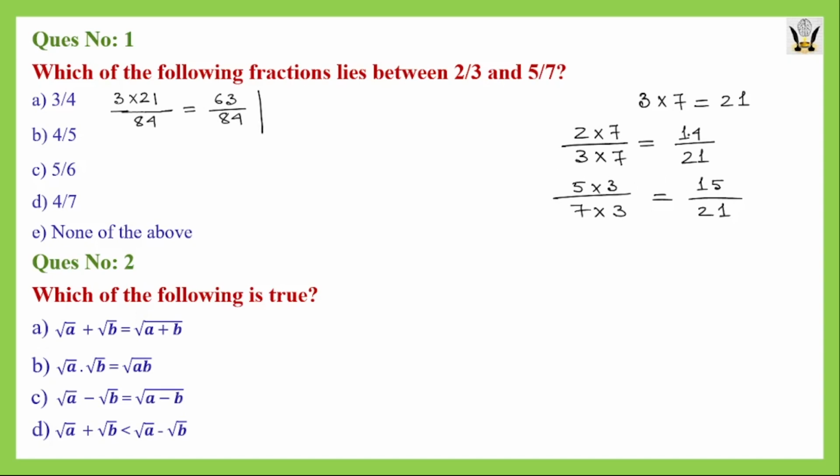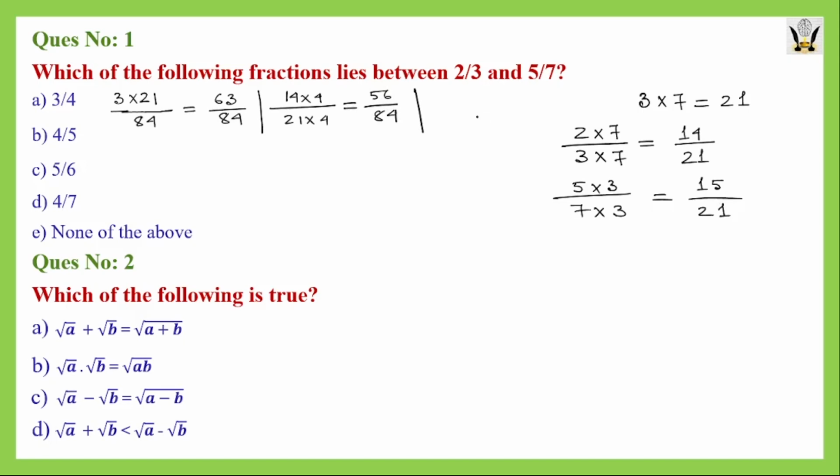Now for the other two numbers, 84 divided by 21 is 4. That means the numerator will also be multiplied by 4. So 14 multiplied by 4, and 21 multiplied by 4, so this number will be 56 divided by 84.